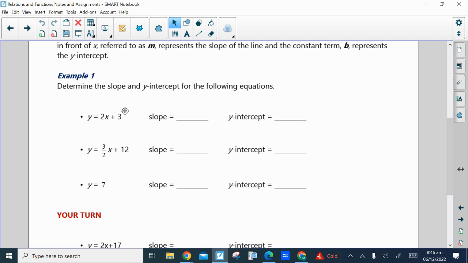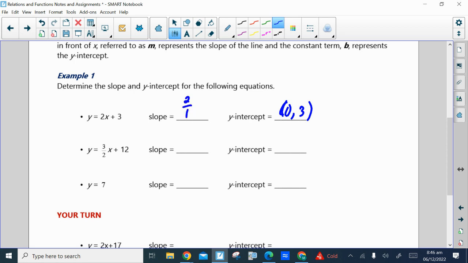So for this first equation, the constant term is positive 3. That will be our y-intercept. It's where the graph crosses the y-axis. It's where x is 0. So the y-intercept for that line will be the point 0, comma 3. And the slope is the number in front of x, which in this case is 2.